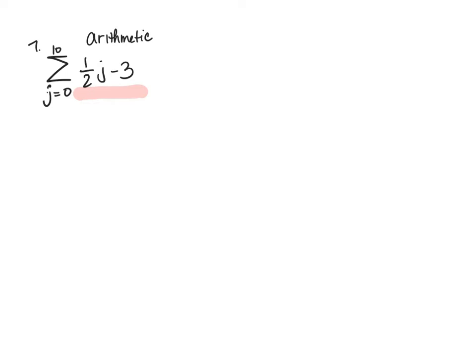And so our sum of arithmetic is S of n equals n over 2 times a1 plus an. And a1 just means the first term in the series. In this case, the first term is actually going to be what we get when we plug in 0. And then our last term, an, is going to be what we get when we plug in 10.